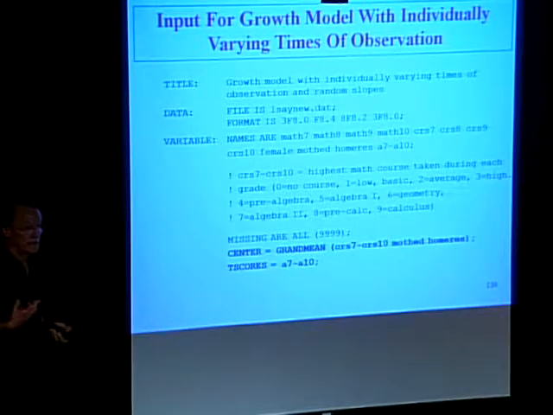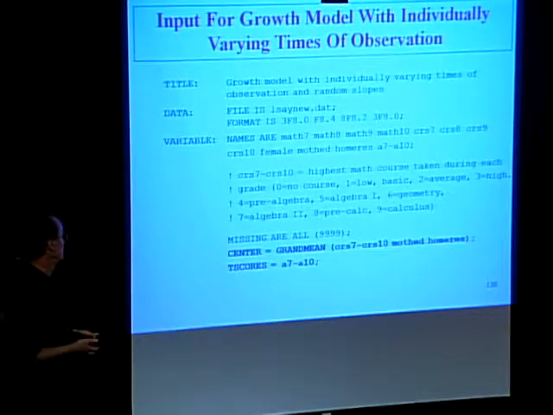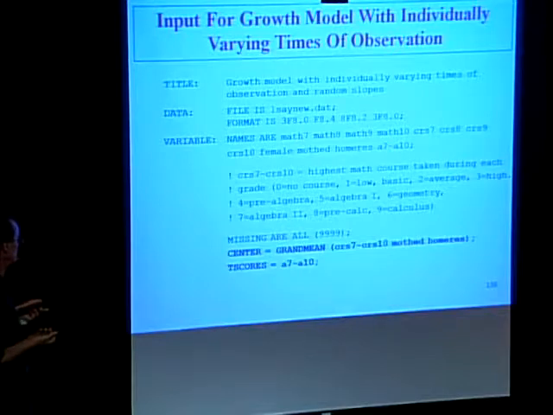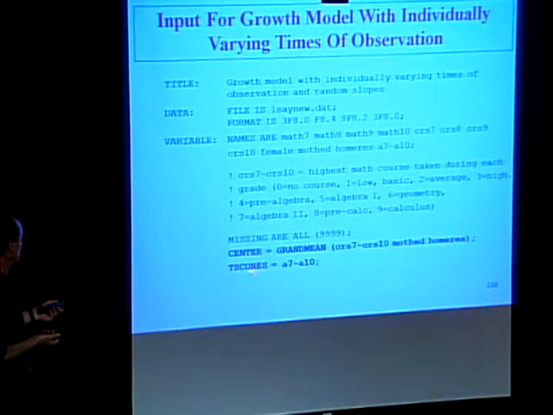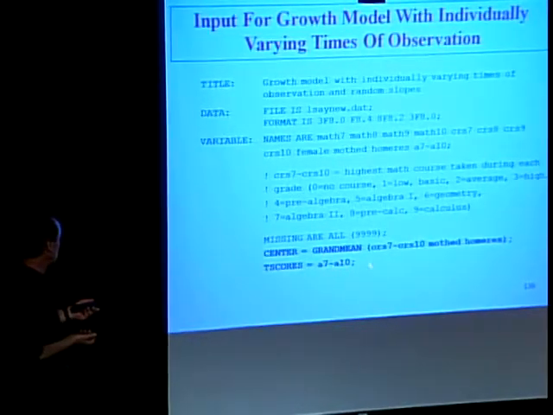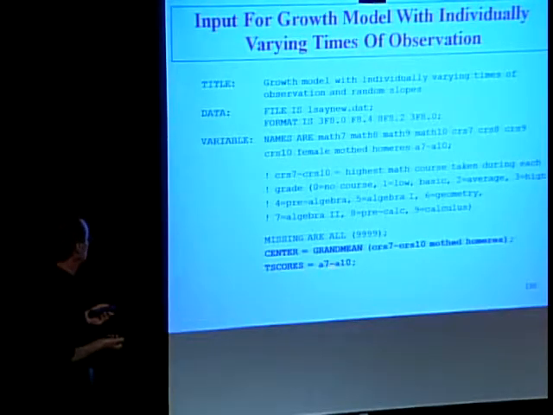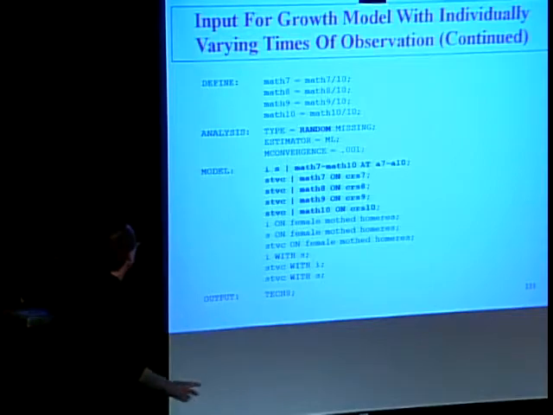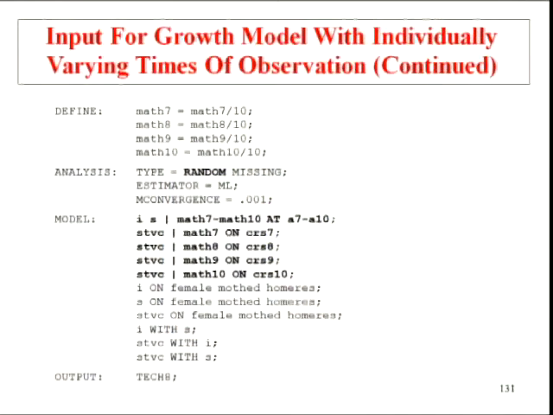And those are what we called X's before, time scores, now read in as data instead of being dealt with as parameters. So those variables are designated as time scores, and we're going to use those time scores in the model using the at option.